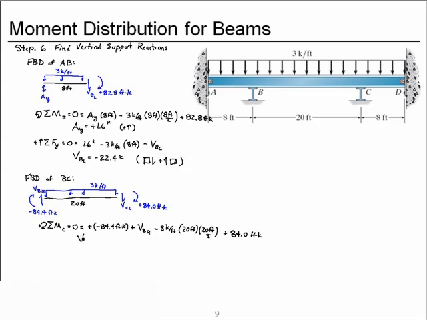We solve this for the shear just to the right of point B, and we get a positive 30 kips. And again, it's our standard sign convention for internal shear.